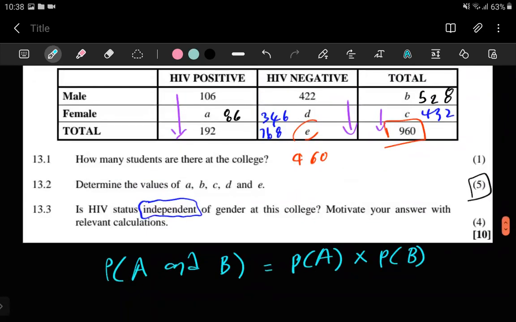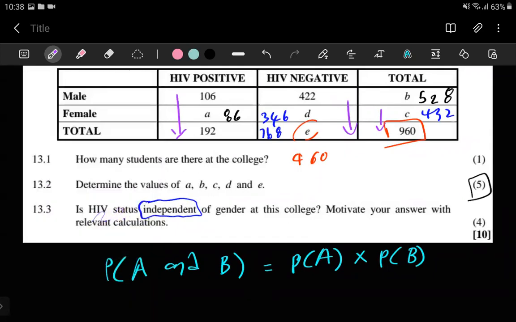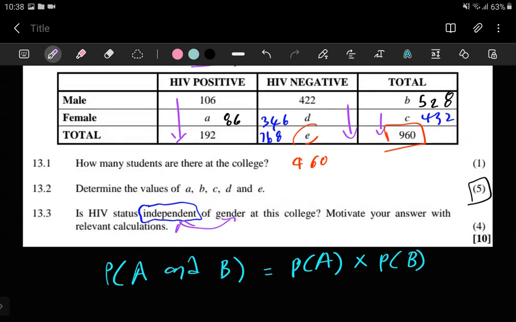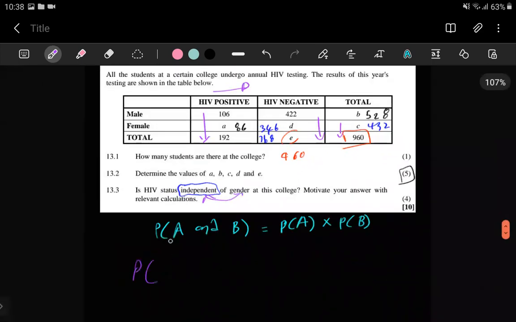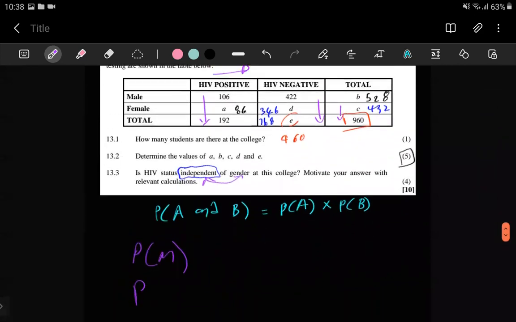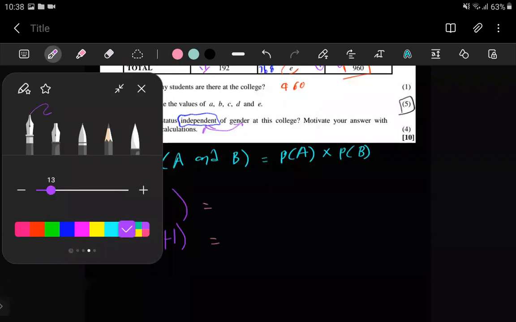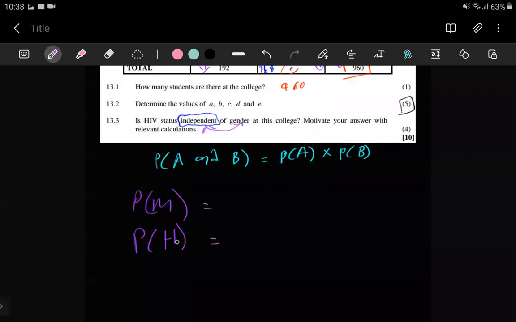So if they ask something like, is HIV status independent of gender? What you do is you pick out the probability of being, let's say, male, and then you pick out the probability of being HIV positive.